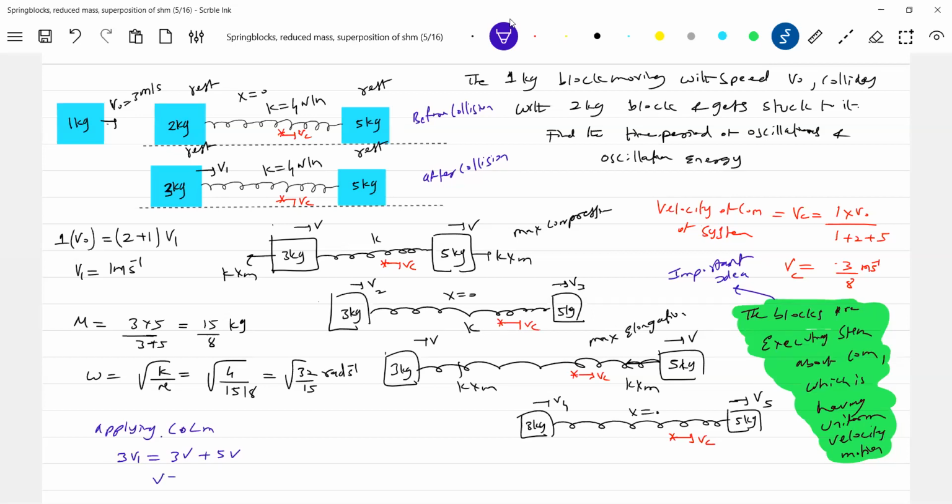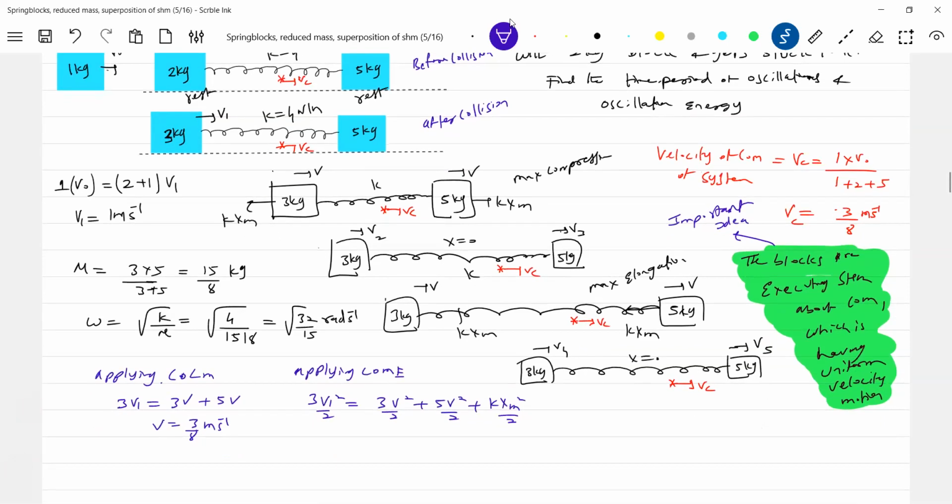So this will become v is equal to 3/8 meter per second. Okay, I know this. Applying conservation of mechanical energy, what do we get? Initially 3v1 square by 2 equals 3v square by 2 plus 5v square by 2 plus k xm square by 2. Solving this, I'll get xm.